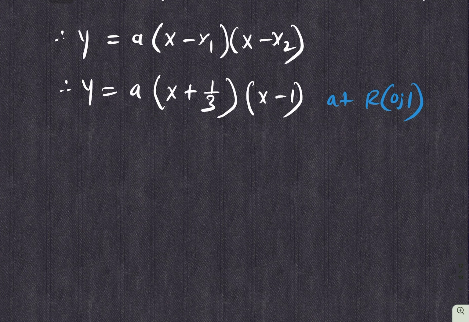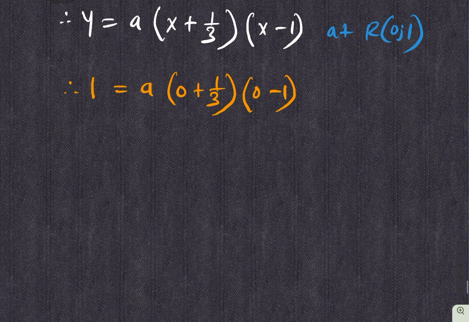So this tells me that I get 1 for y, which equals a into x, where x is 0 at R. I'm going to have 0 plus 1/3 into 0 minus 1 there, and then we want to solve for a.